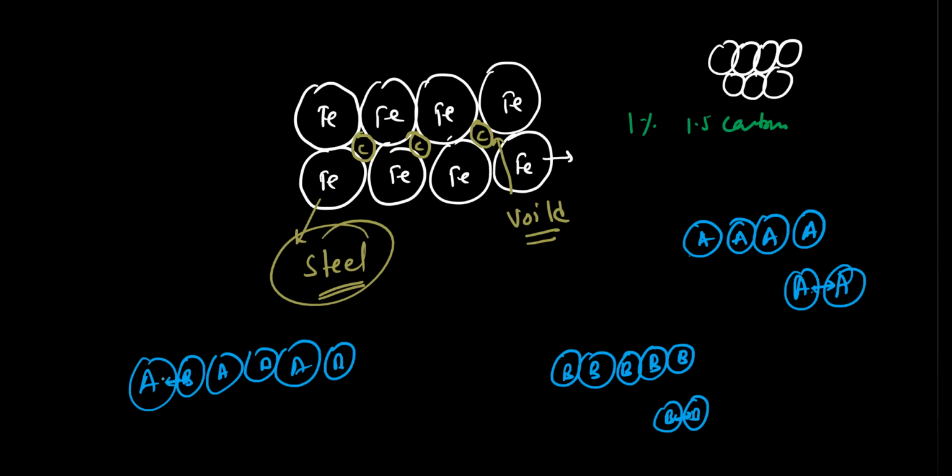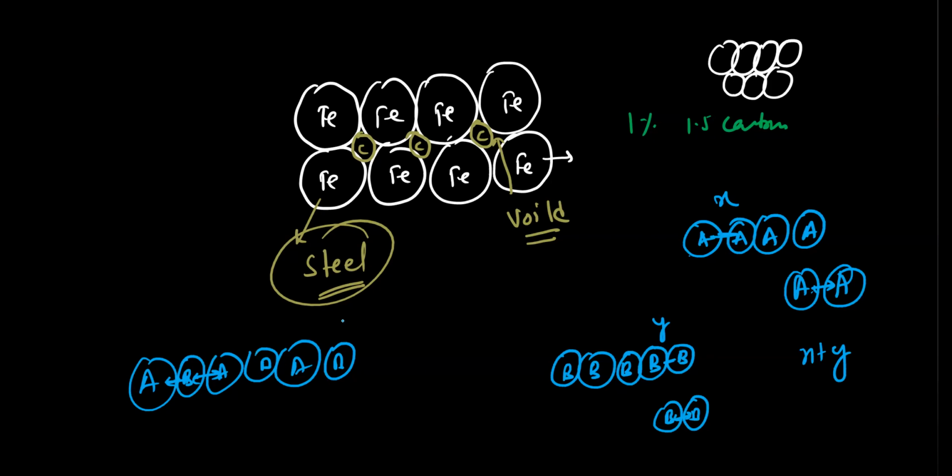A will repel B, and B will repel A, because they don't like each other. Let's suppose there is a force of attraction X between A atoms and a force of attraction Y between B atoms. When you mix them, they are actually repelling, so the force of attraction is not X plus Y. It is less than X plus Y.